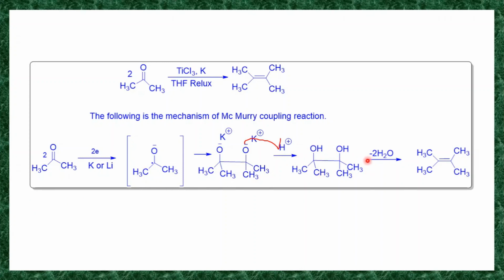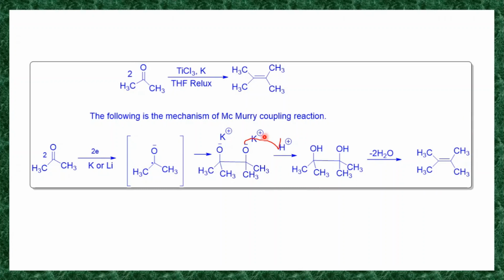Now the next step is, sorry, not hydrolysis, it is a dehydration reaction. Dehydration means loss of a water molecule. Now you have two OH groups, and both OH groups and one hydrogen on each carbon undergo dehydration, and you will get this alkene as a product.